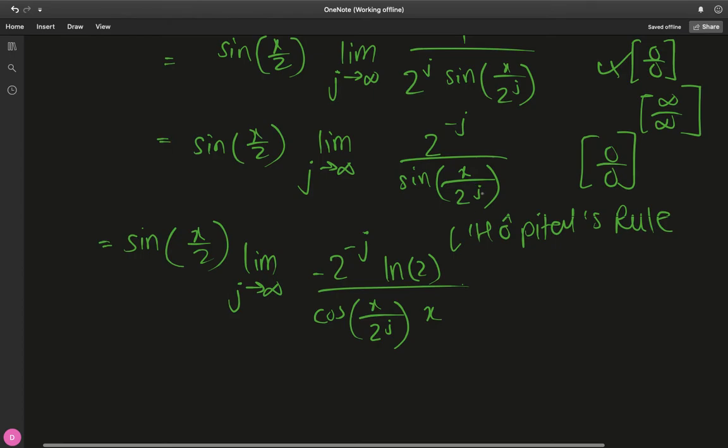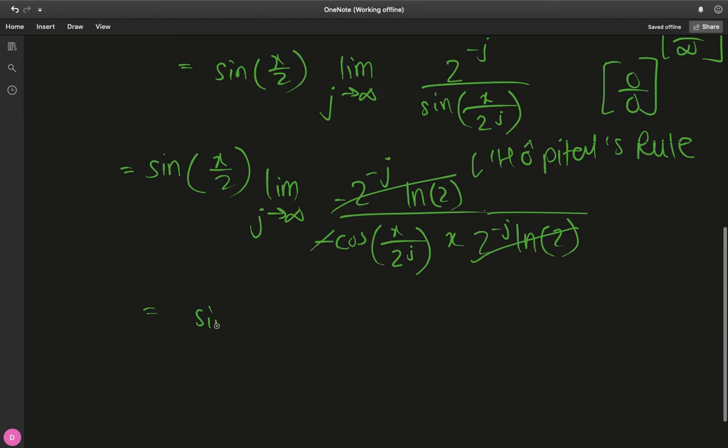And we again have this exponential term, 2 to the minus j, if we just bring it in the numerator of the argument, which is going to be again like the numerator, minus 2 to the minus j times natural log of 2. So well, the entire numerator will just cancel out with this.